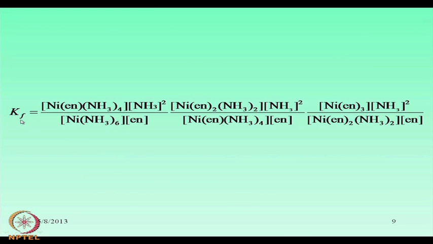Now, we see that the entire Kf value will therefore be the product of the corresponding K1 value for the formation of the species by the attachment of 1 ethylenediamine molecule, then the formation of the second species, that means the K2 value with 2 ethylenediamine groups attaching to the nickel center, and then third the K3 value for the formation of the tris species, along with the concentrations of the species we are utilizing to write down those expressions on the right hand sides.